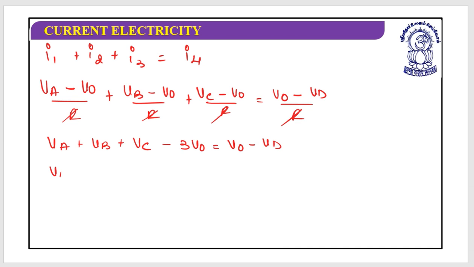So VA plus VB plus VC plus VD equals VO plus 3VO, which is 4VO. I hope these things are clear.